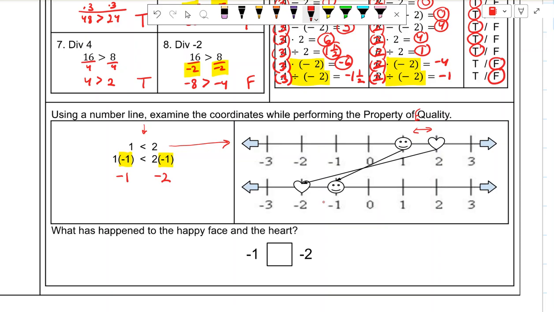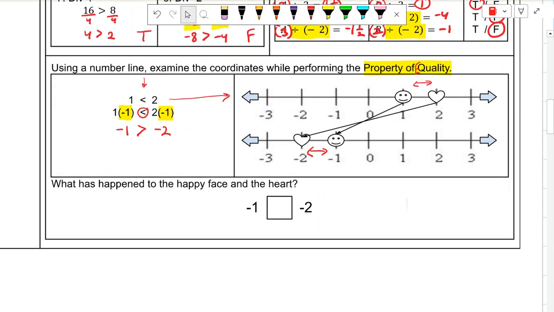And now you can see that the happy face is now larger than the heart. So it's a switch, it's reversing. So because of that, we have to take this sign and turn it around. Now that only happens when you're multiplying and dividing by negatives during the property of equality.